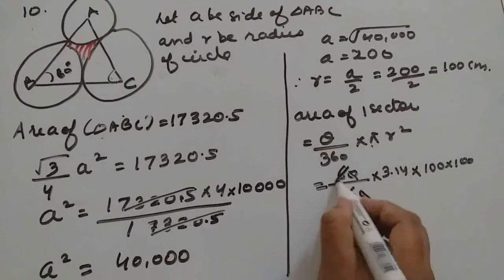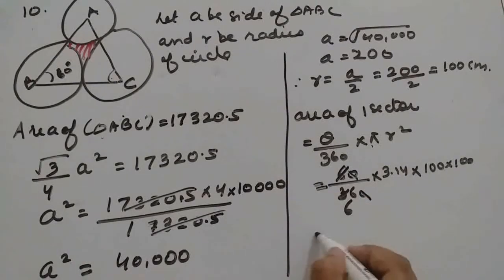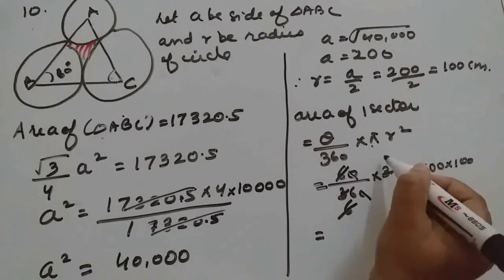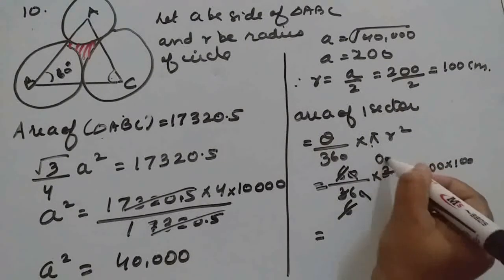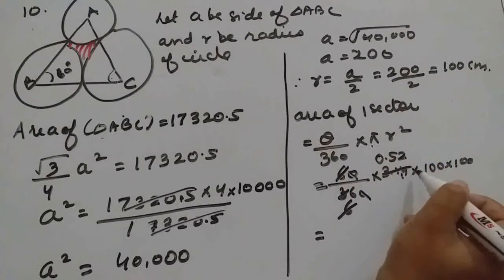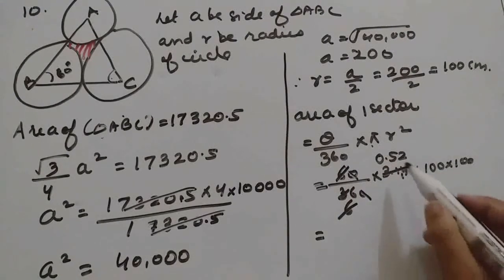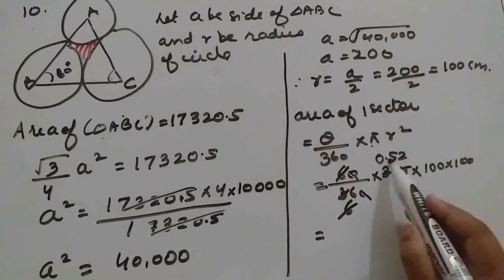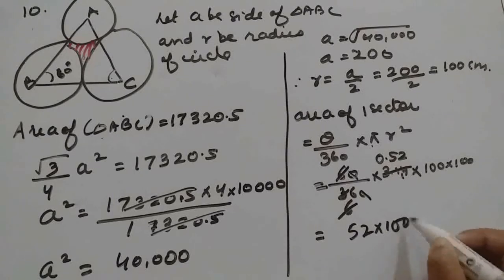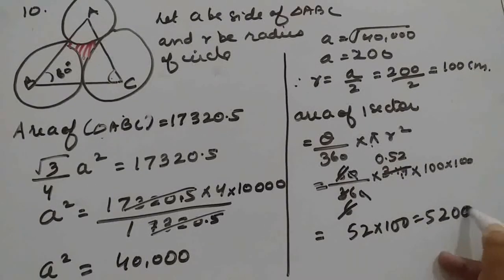So this will go 6 times. Then 6 5s are 30, isn't it? Then 6 2s are 12, so 0.52. And this decimal will shift. So 52 into 100, that is 5,200 centimeter square. Area of one sector.